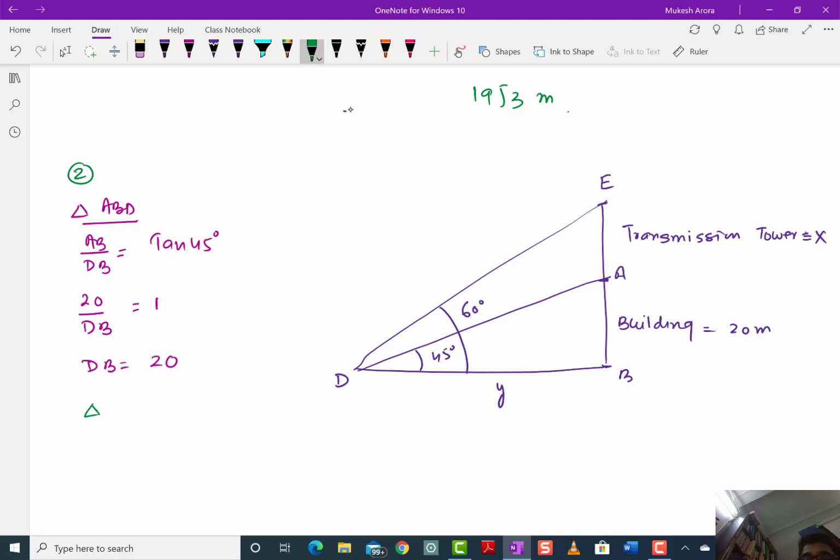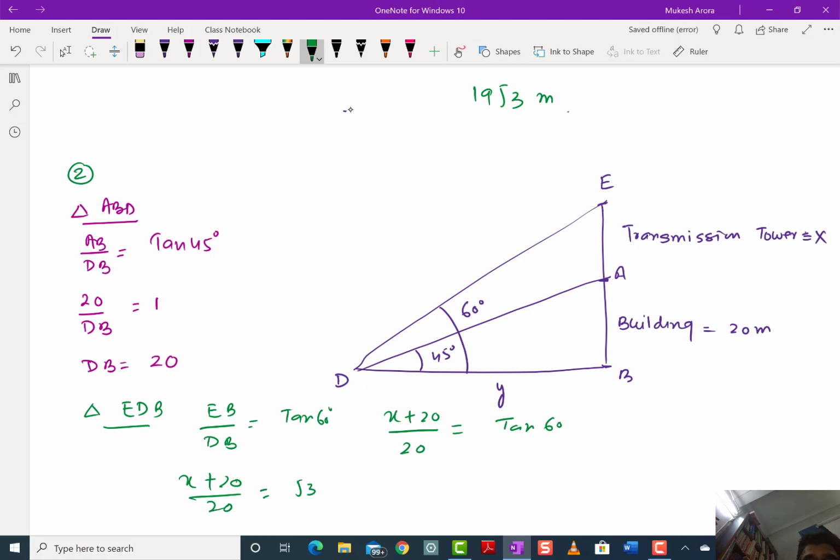Second triangle is triangle EDB. EB upon DB is equal to tangent 60. EB is X plus 20 by 20 is equal to tangent 60. X plus 20 by 20 is equal to root 3.